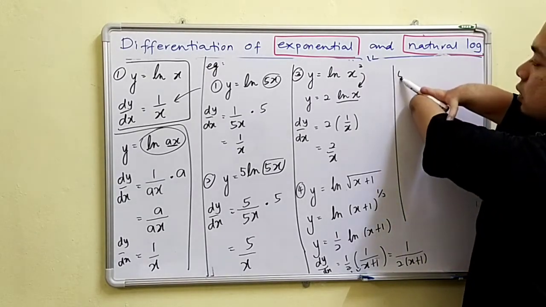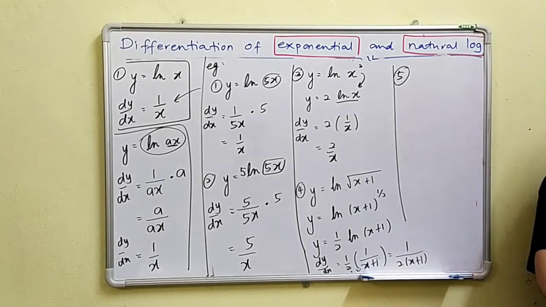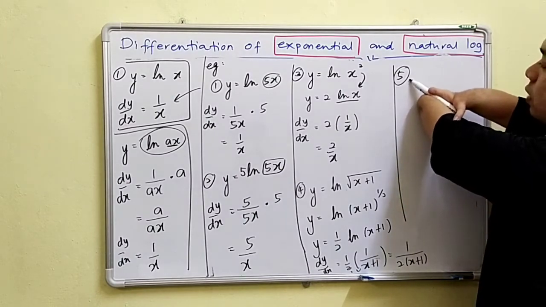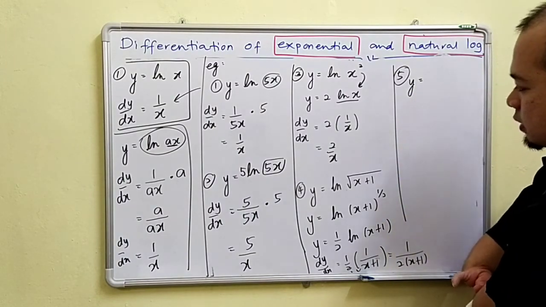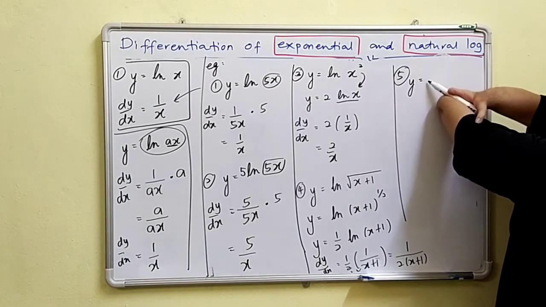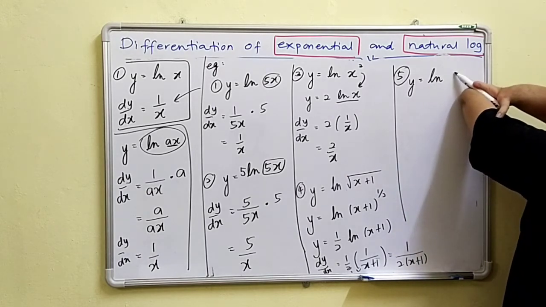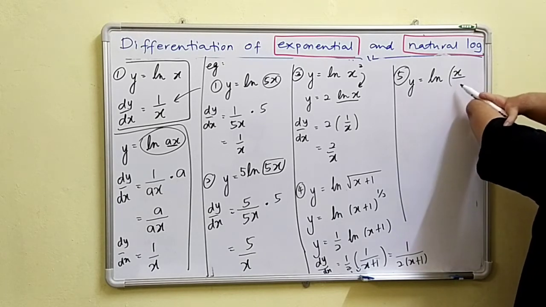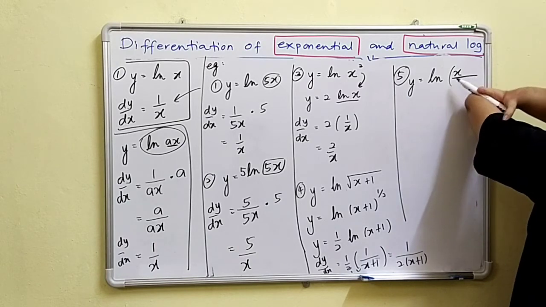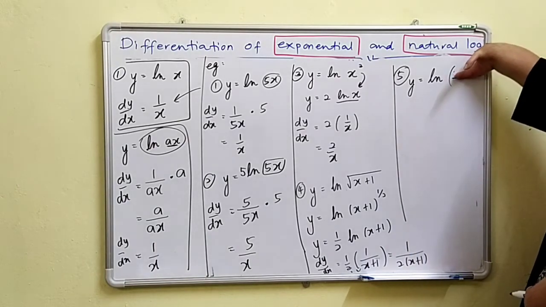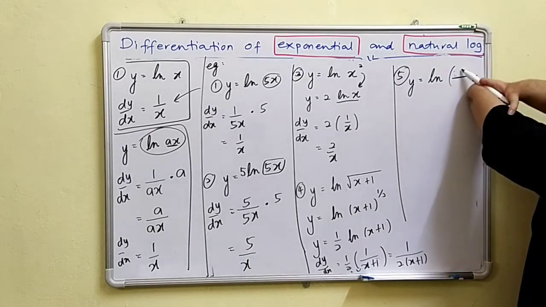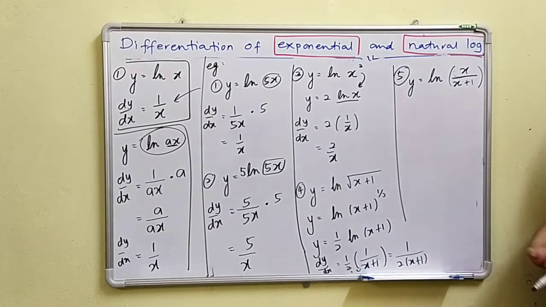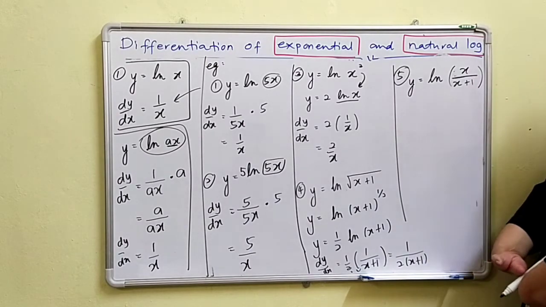Another example. Okay, what if we have something like this? y is equal to ln x over x plus 1.